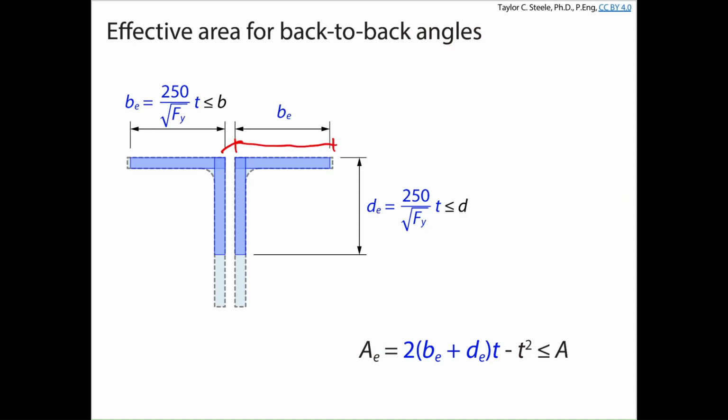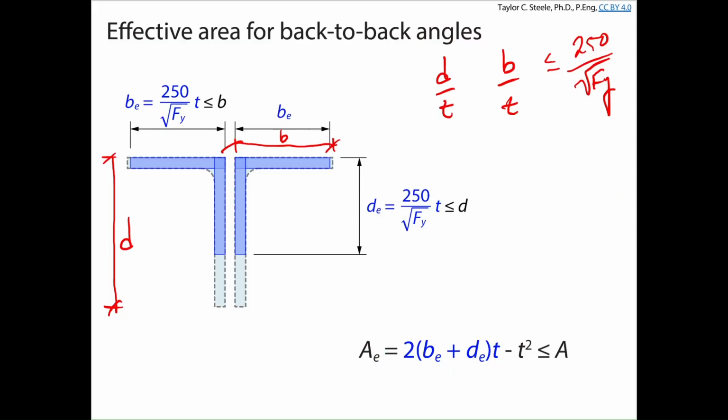Right, so that's B. The height of this leg here is D. We base the local buckling checks on this. So one is D over T, the other is B over T. Both of those have to be less than or equal to 250 over the square root of Fy.